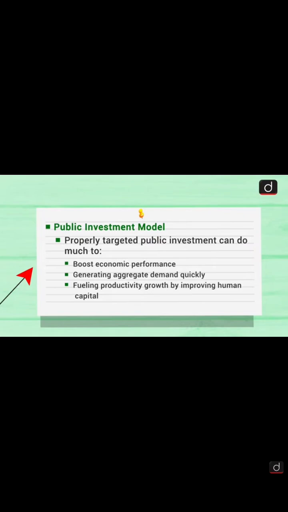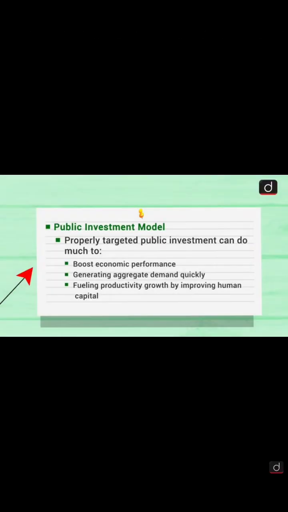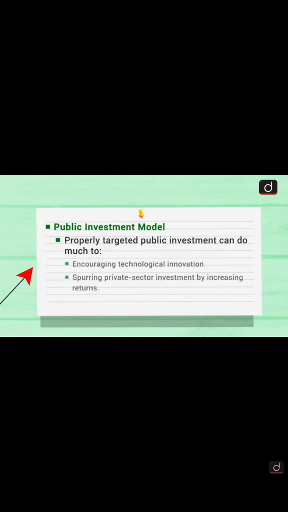So for the public investment model, we know that it can be properly targeted. Public investment can do much, and also economic performance would get increased. Generating aggregate demand could also increase, and also fueling the productivity by improving the human capital. Human capital, how can they increase it? Because they can eradicate poverty and hunger, and also they provide opportunity.